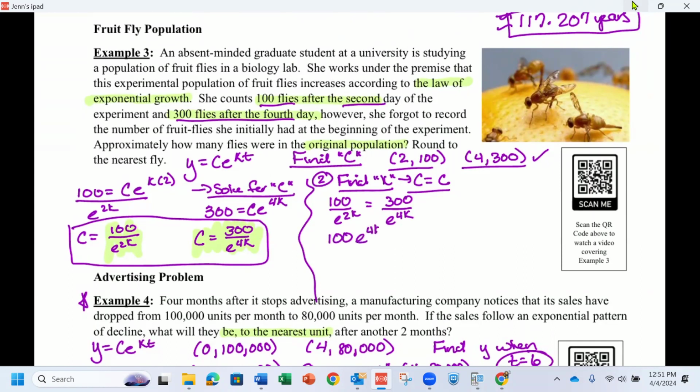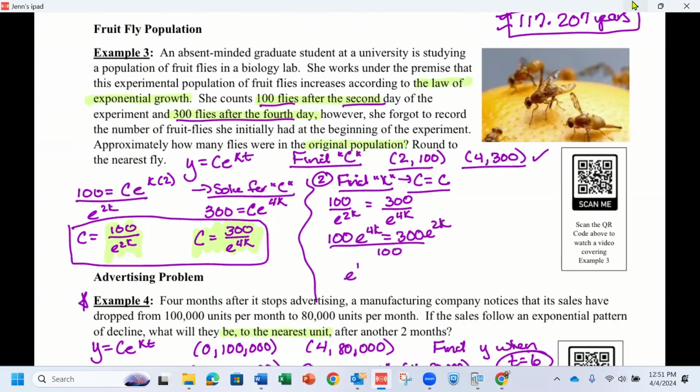100 e to the 4k is equal to 300 times e to the 2k. So what I'm going to do next is divide either by 300 or divide by 100. I would rather divide by 100 so I don't deal with a fraction.